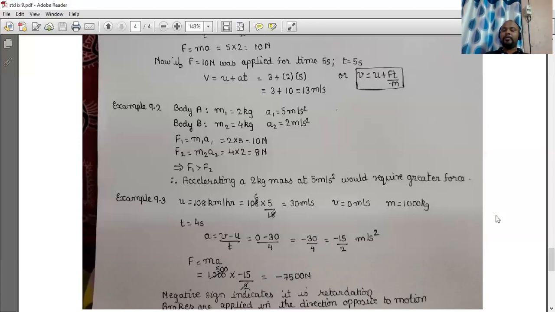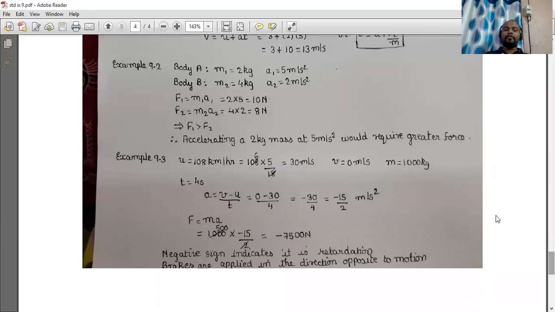Now if you substitute it in the formula F equal to ma, where mass of the motor car along with the passenger is given 1000 multiplied by acceleration minus 15 upon 2, 2 fives are 10, 500 into negative 15 gives you negative 7500 Newton or negative 7500 kg meter per second square. Here negative sign indicates it is retardation. That means brakes are applied in the direction opposite to motion.